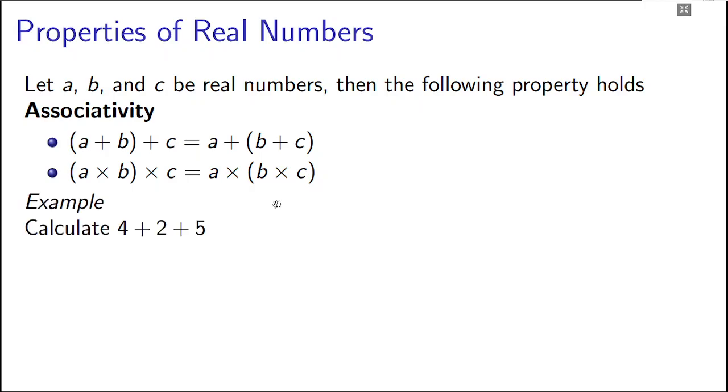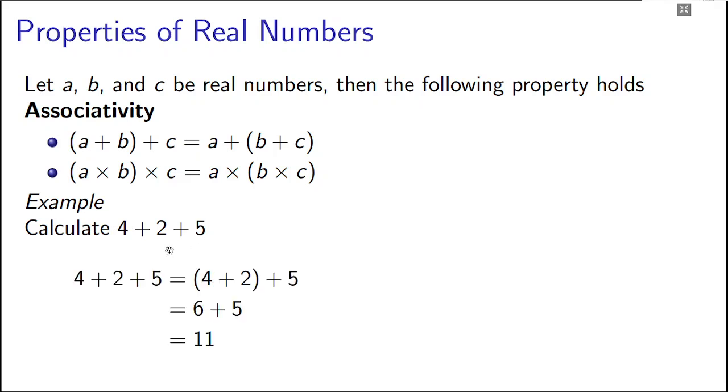Let's take an example. Say we have 4 plus 2 plus 5. Now, we can only operate on two numbers at a time, right? Then we choose. Do we add 4 and 2 together first, or do we add 2 and 5? This property says you can start with either.